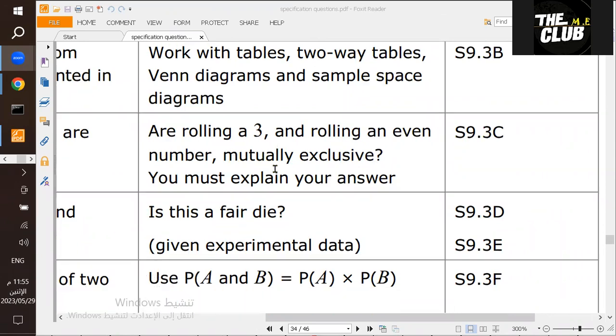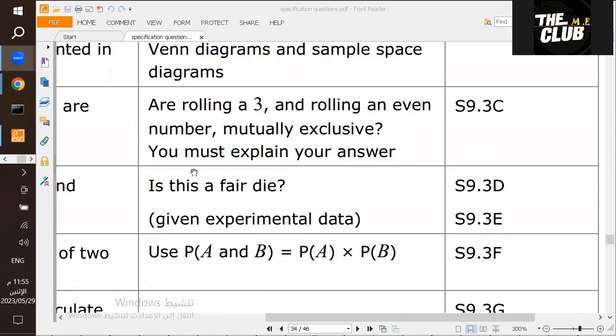Okay, let's talk about this. Are rolling a 3 and rolling an even number mutually exclusive? What's the meaning of mutually exclusive? It means two events that don't happen at the same time. Now, rolling a 3 and rolling an even number, can they happen at the same time when you roll a die?